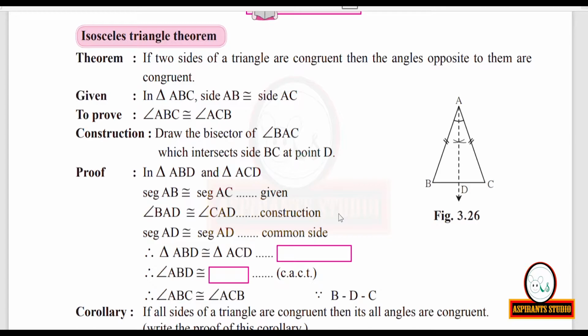Triangle ABD is congruent to triangle ACD by SAS test. So here you have to write by SAS test.